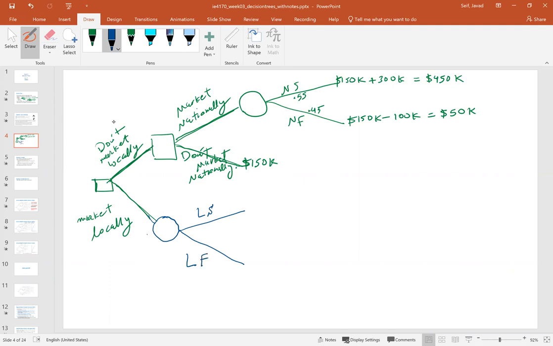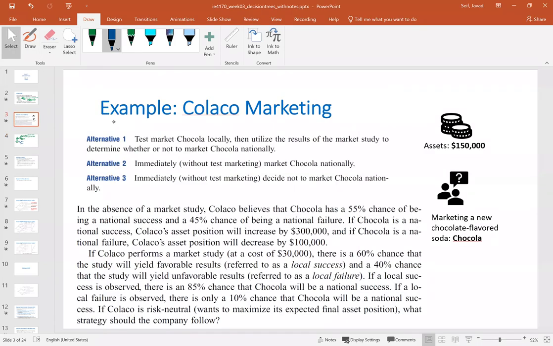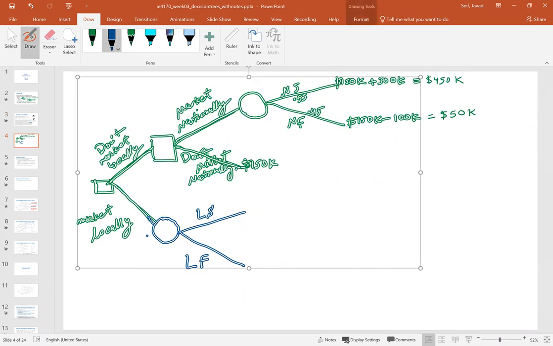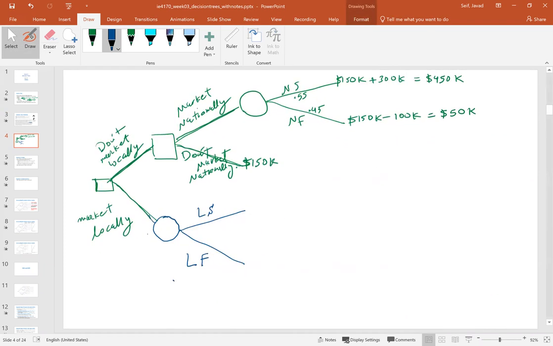Also, in the information here, you can see that local success is 60% likely, and local failure is 40% likely to happen. So that's 0.40, 0.60. The sum is 1, just to check.